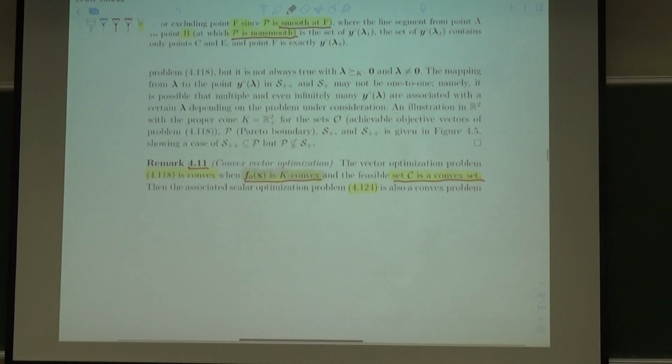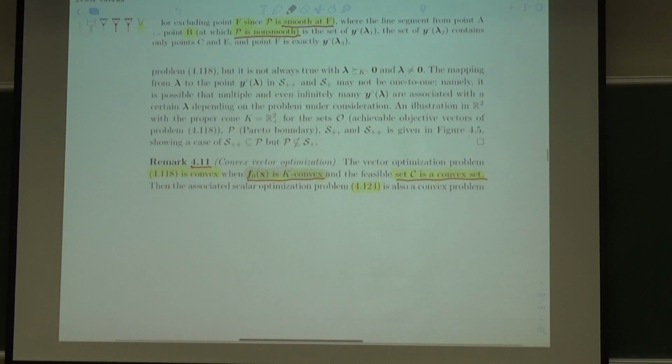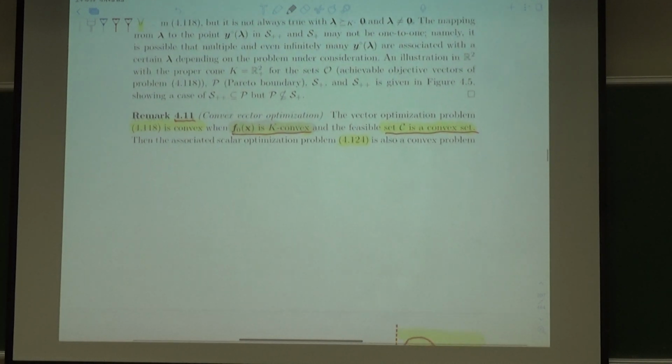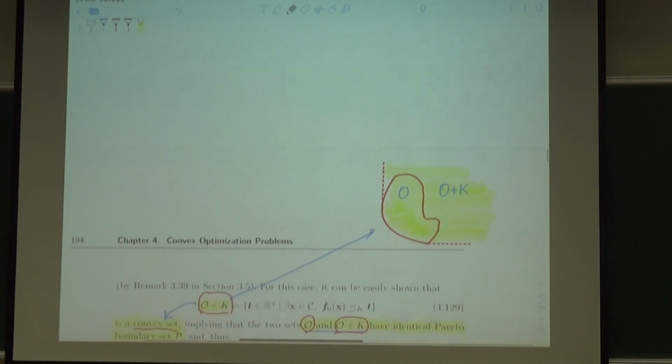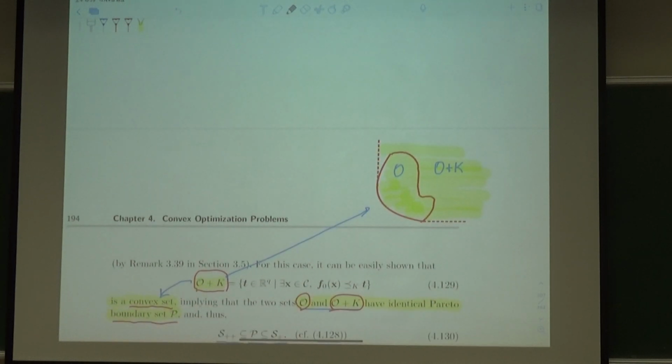However, if F0 is convex and the feasible set is an ordinary convex set, then the corresponding O still may not be convex. But the set O plus K, if you draw it, you will find O is non-convex, but O plus K is here.